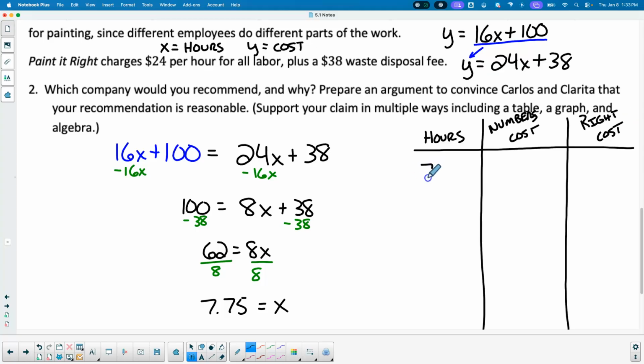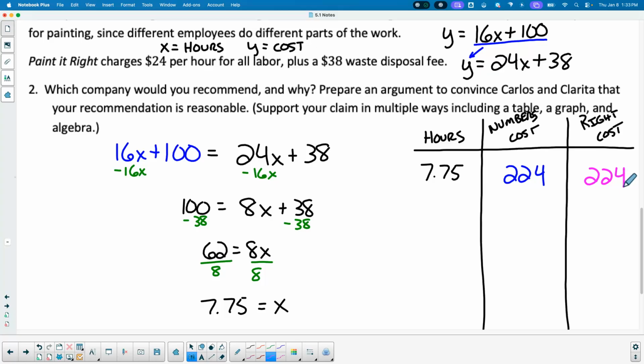Okay, so at 7.75, it's the same. So if we plug in 7.75, what do we get? 224? Because that would be 124, 200, yep, 224 for that first one. Which means it's going to be 224 for the other one.